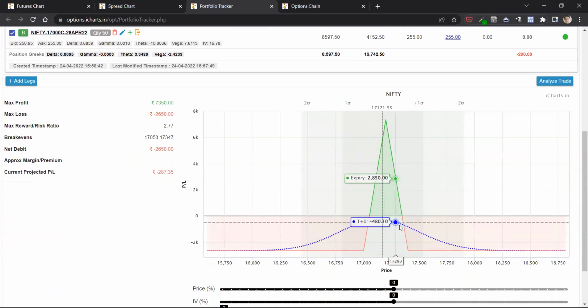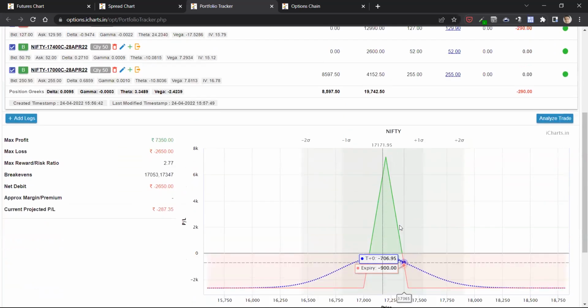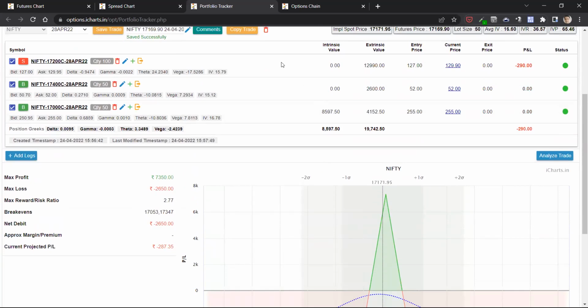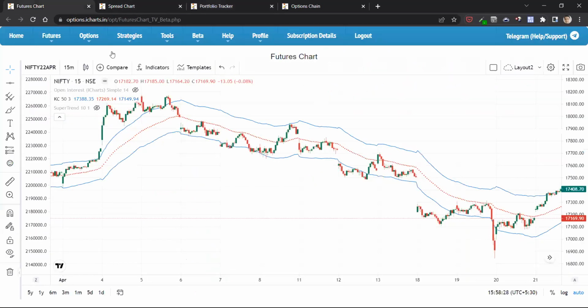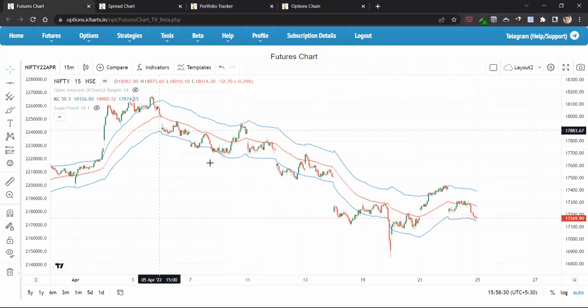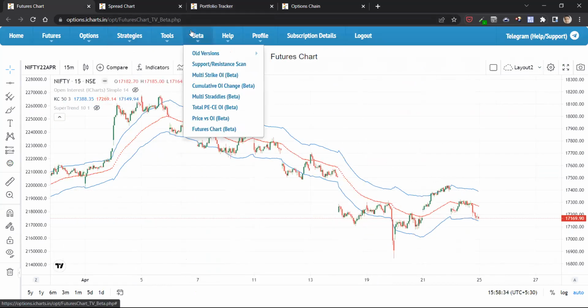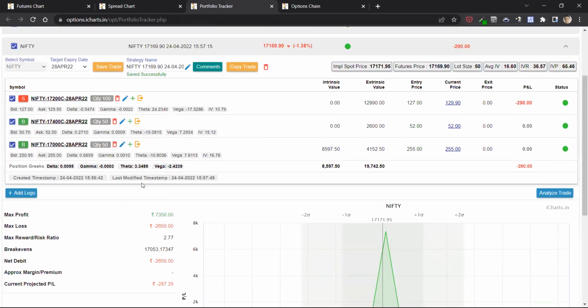Here, what I generally do for butterfly is, whichever direction I think the price is going, based on the Keltner channel, I just tilt my trade in that direction. And how do I do that?